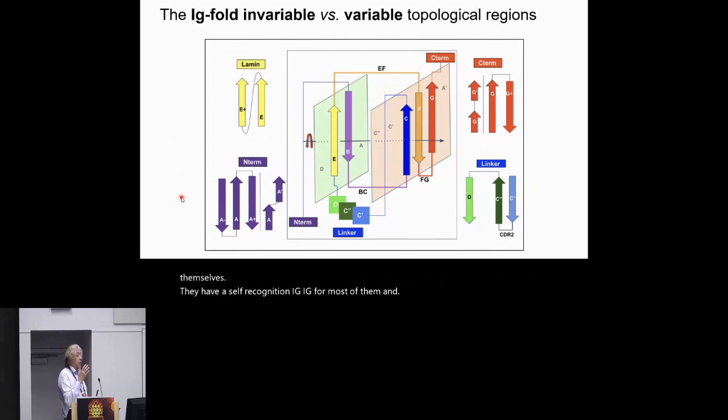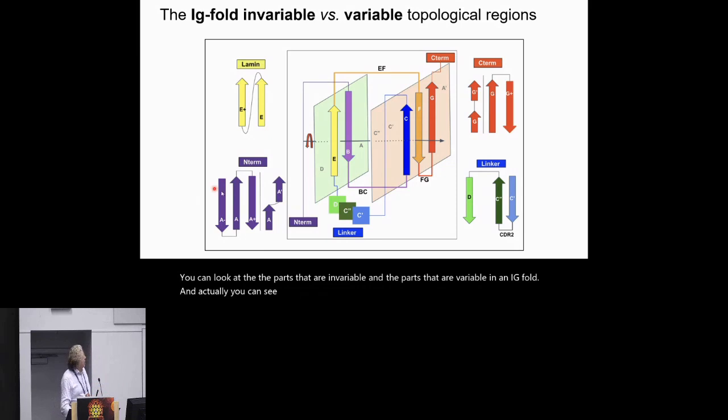And you can look at the parts that are invariable and the parts that are variable in an Ig fold. And actually, you can see that most of the places where you have variations are at the N or C terminus. So before the A strand, when you use the standard letters for representing strands, or the C terminus.